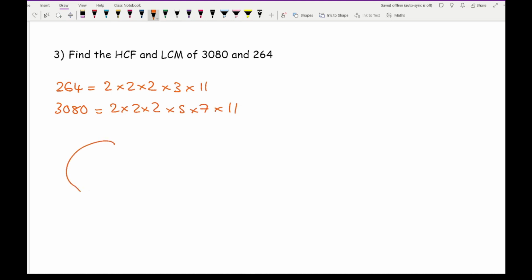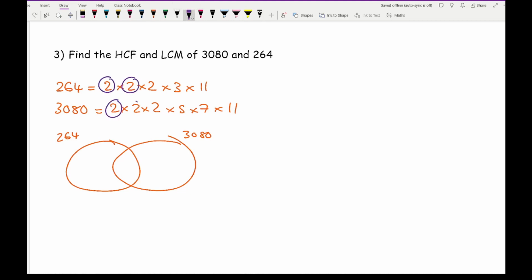So I then draw my Venn diagram and label it. So 264, 3080, and I then start circling which numbers appear in both, and by writing numbers in order it just makes it easier for you to do this step.